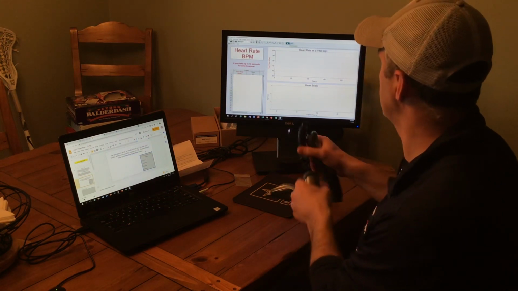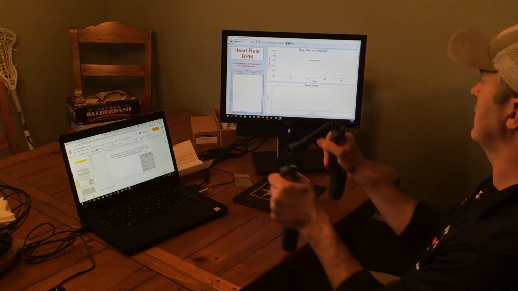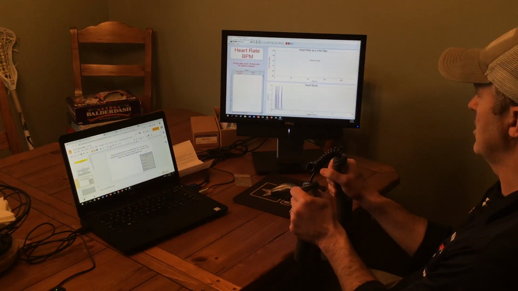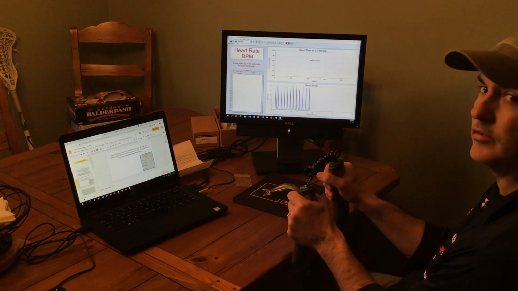And you collect, and it won't start for about 15 seconds. So I hit collect, it says it's waiting for data, but you can see at the bottom, it's measuring my heart rate. Those are my actual beats, my pulses.